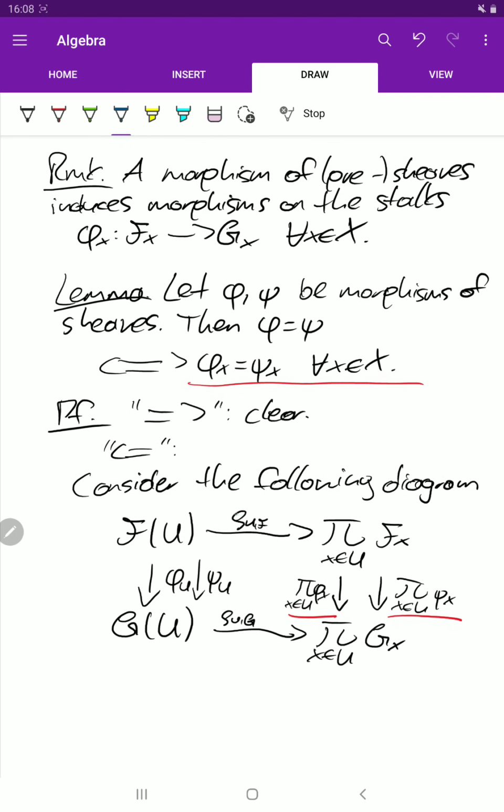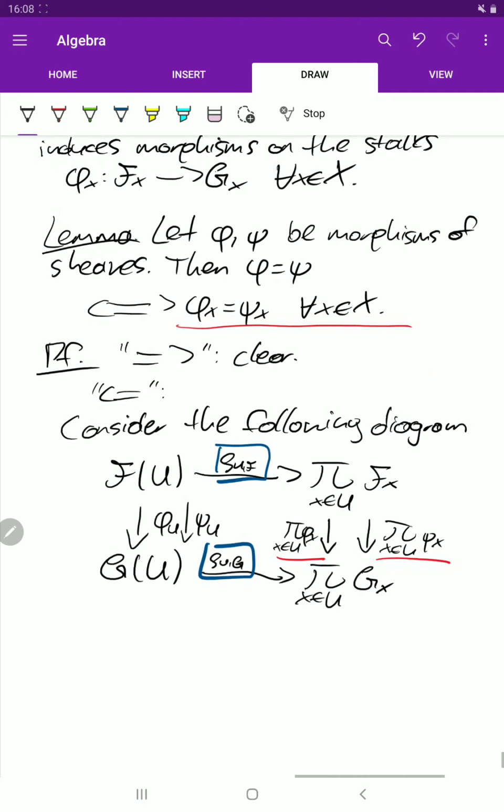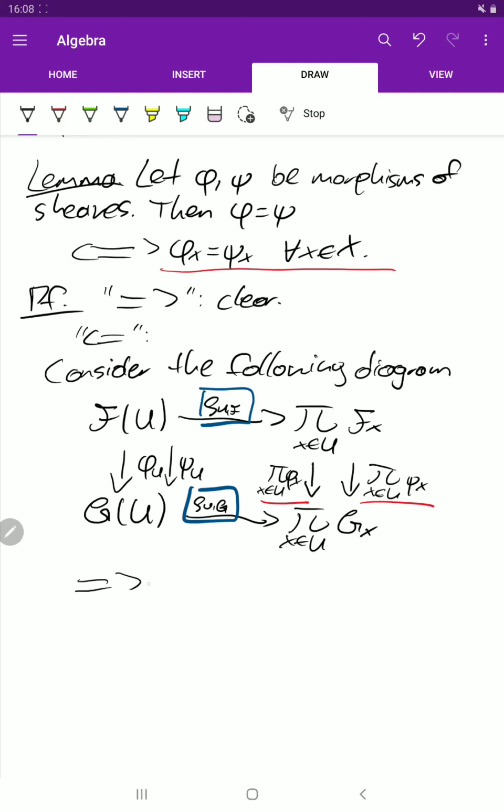So this means that these two maps are injective, but this implies that phi_U is equal to psi_U. And we can consider this diagram for all U in X open, and so we get that phi is equal to psi.